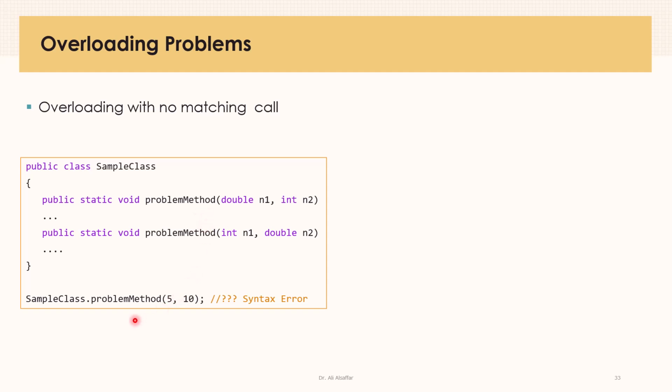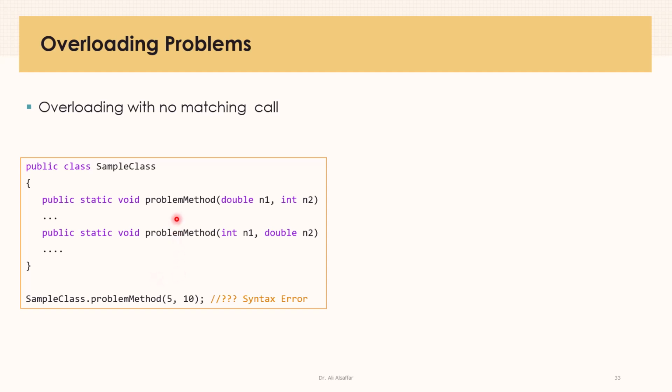When it tries to match the parameters, it will find that none of these signatures can match these two input parameters. However, if it tries to do type conversion, there are two options. If it converts the first parameter into double, then it is referring to the first definition. And if it type converts the second parameter, then it refers to the second definition. So the compiler is confused about which method to call.